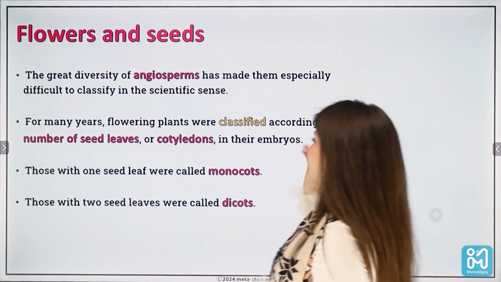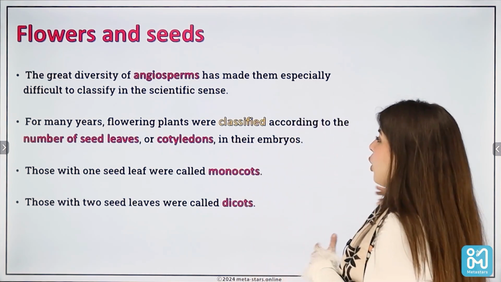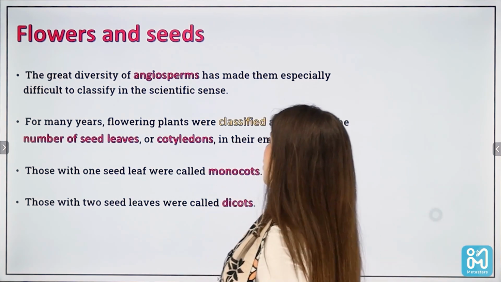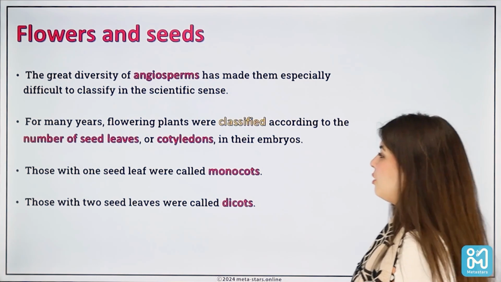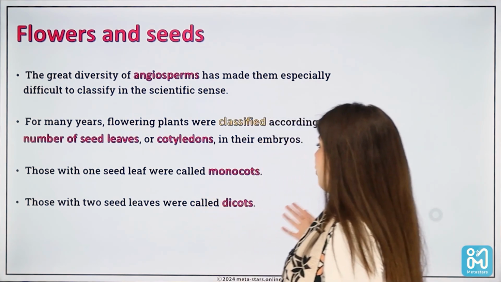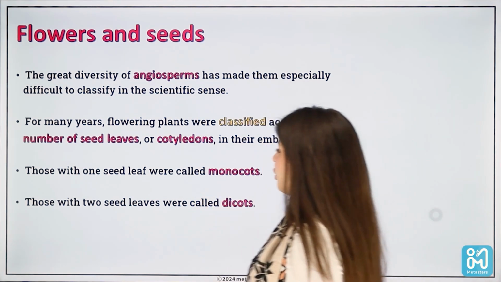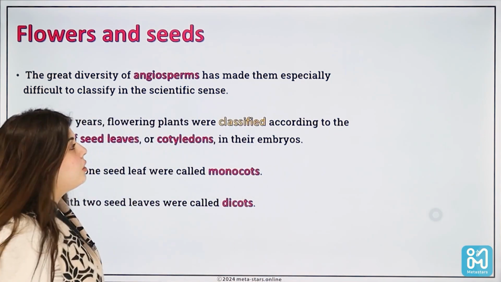For many years, flowering plants were classified according to the number of seed leaves, or cotyledons, in their embryos. Those with one seed leaf were called monocots, and those with two seed leaves were called dicots.